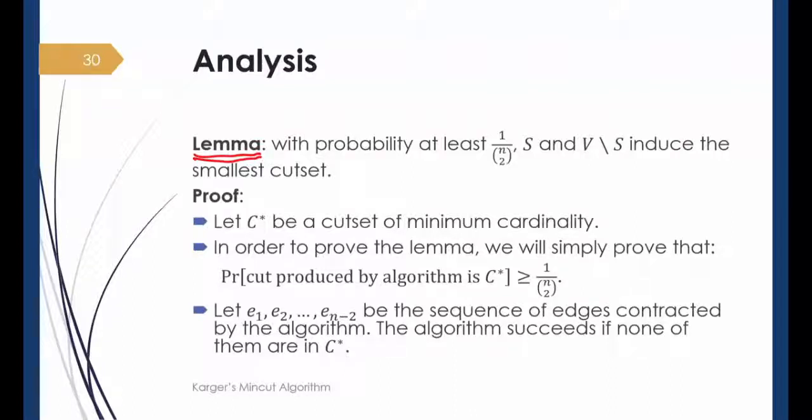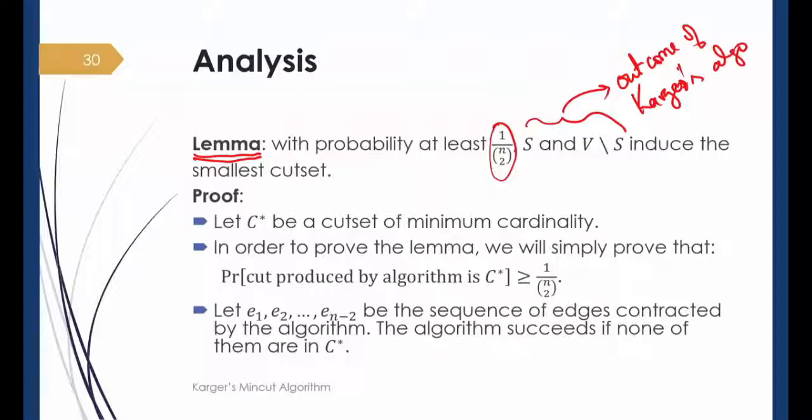With probability at least 1 over n choose 2, the sets S and V minus S that come out as an outcome of Karger's algorithm, this partition induces the smallest cut. And this is the claim that we want to prove.